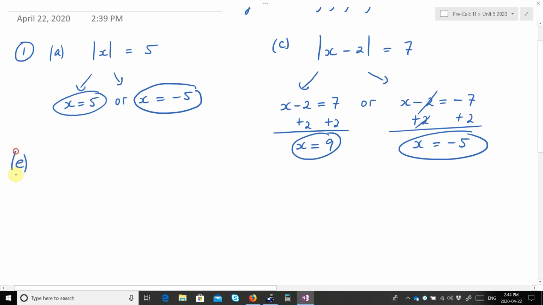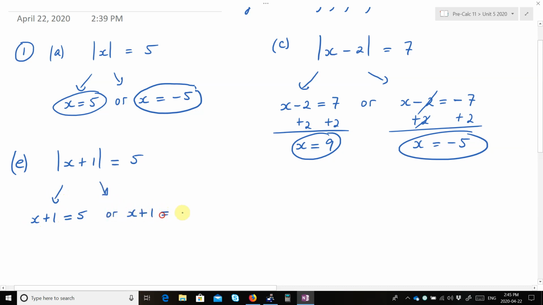And let's check out letter E here. It says the absolute value of x plus 1 is equal to 5. The x plus 1 could work out to 5, or the x plus 1 could work out to negative 5, and taking the absolute value of either of those will give us 5.